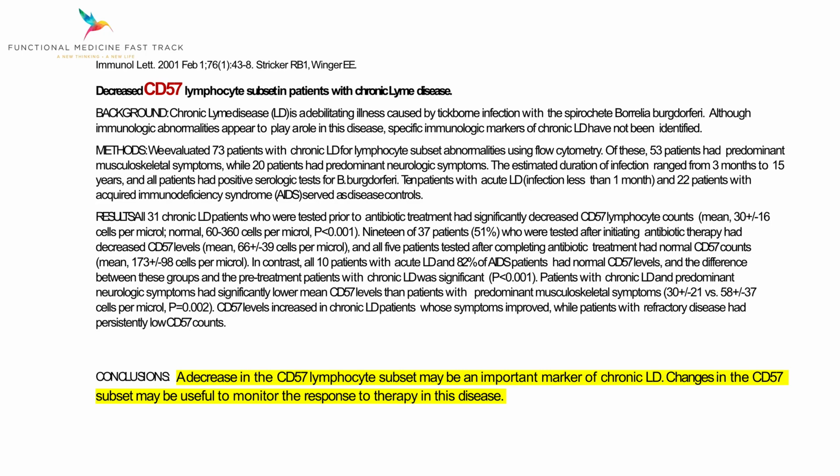Now CD57 lymphocyte subset may be an important marker of chronic Lyme disease, and changes in CD57 subset may be useful to monitor the response to therapy in this disease.